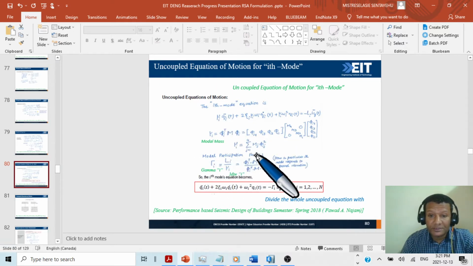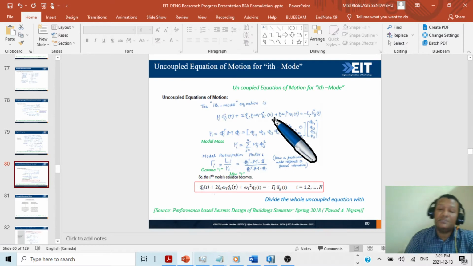Now the modal participation factor, as you can see, we have mu here. If we divide everything by mu, we are left with qi double dot of t plus 2 xi times omega times q dot, since mu is cancelled. This q dot means displacement, but in the q coordinate, not in the u coordinate.